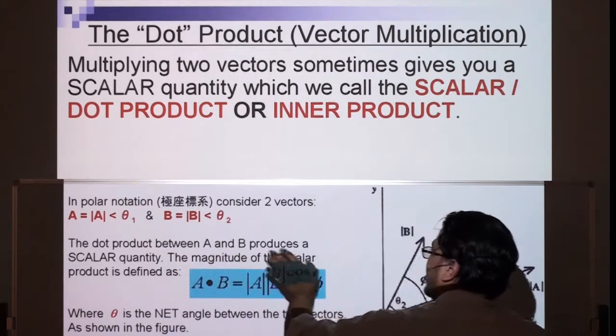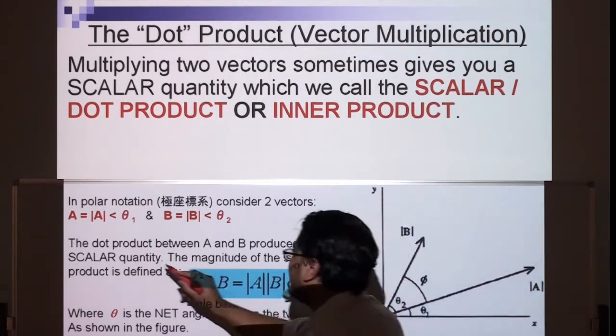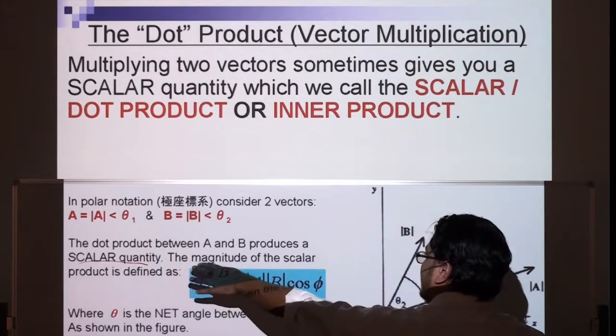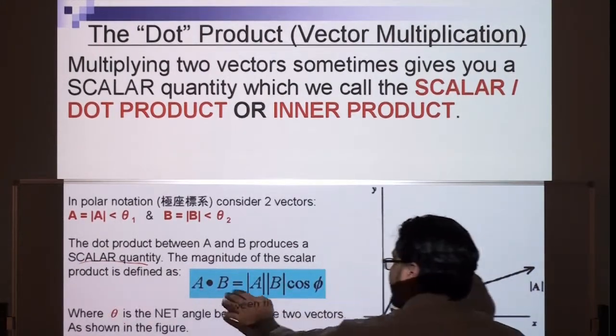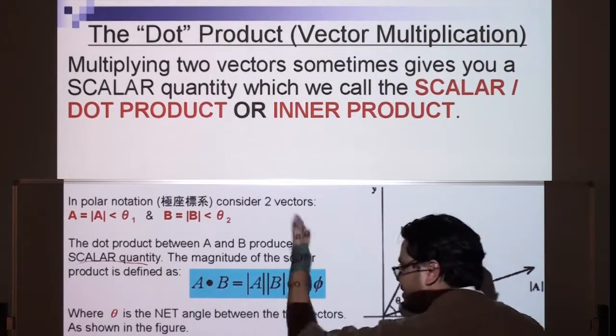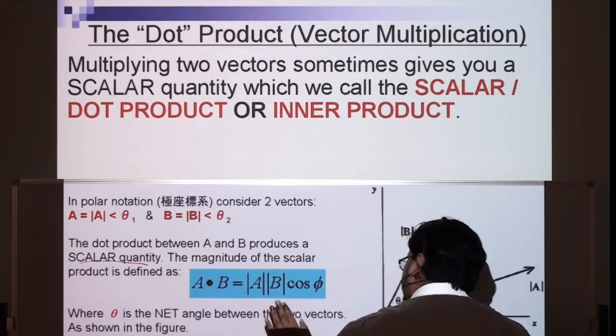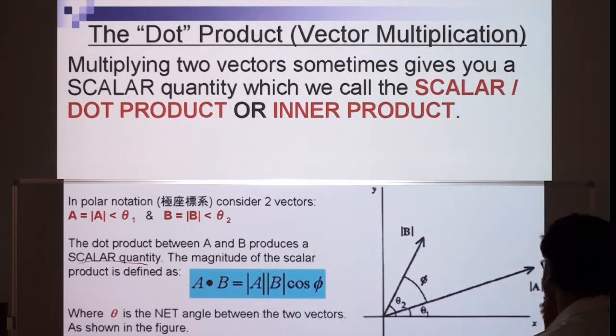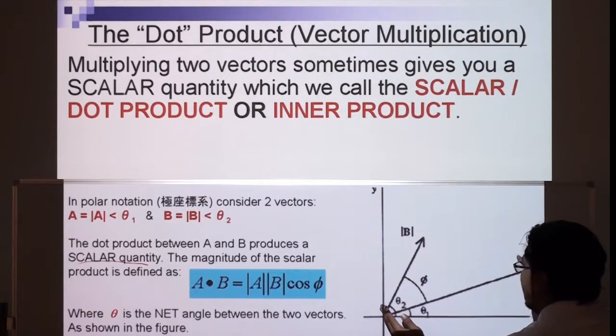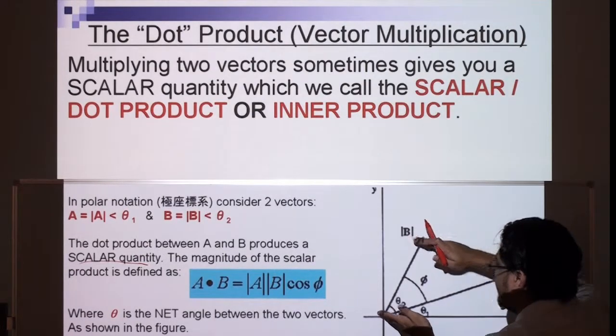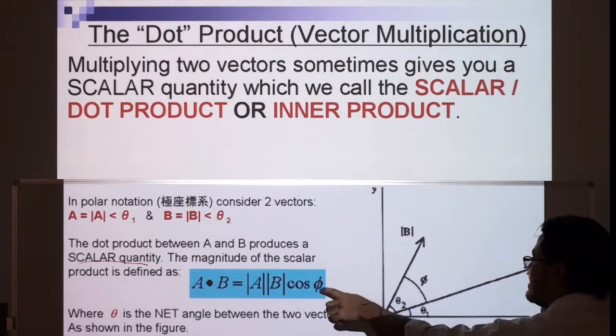The dot product between A and B produces a scalar quantity. The magnitude of that scalar is defined as the absolute value of A times the absolute value of B, so the length of that line multiplied by the length of that line, multiplied by cos theta.